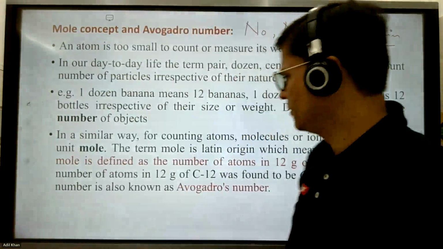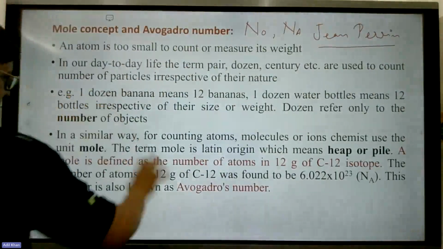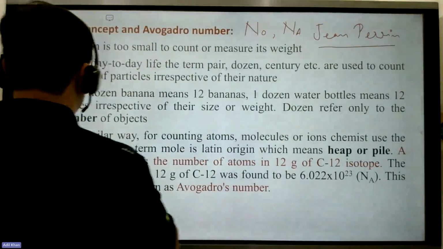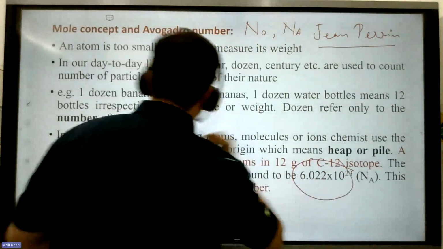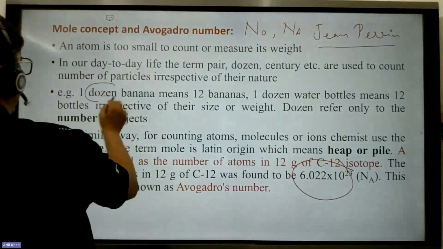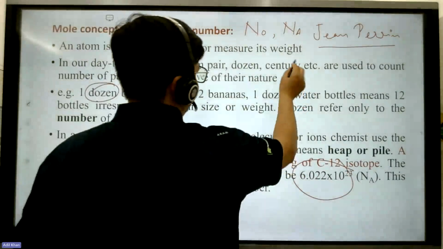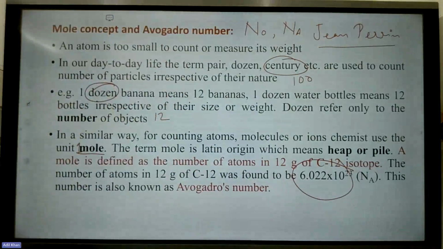So Avogadro number, just for your knowledge. Just remember that whenever we say 1 mole, you are going to remember this number. Whenever we say 1 dozen, you remember 12. Whenever we say century, you remember 100. That's the significance or meaning of it.